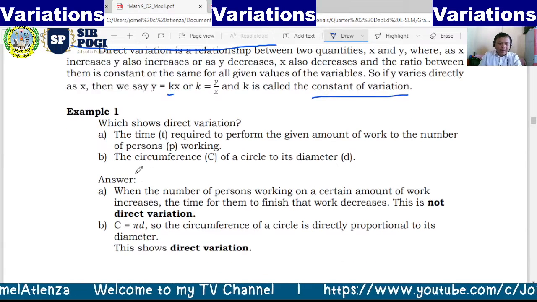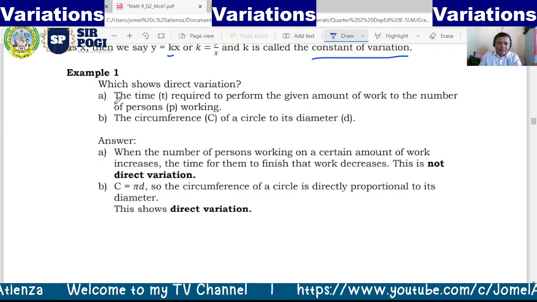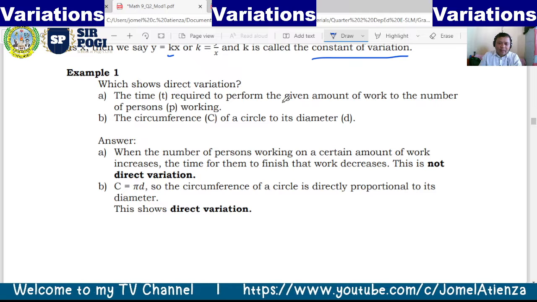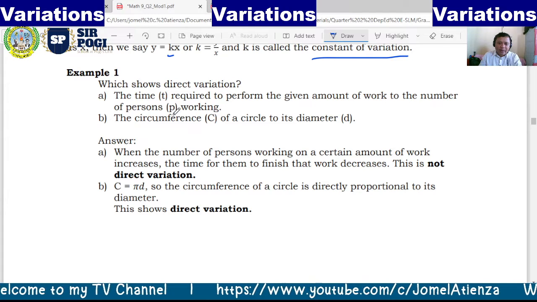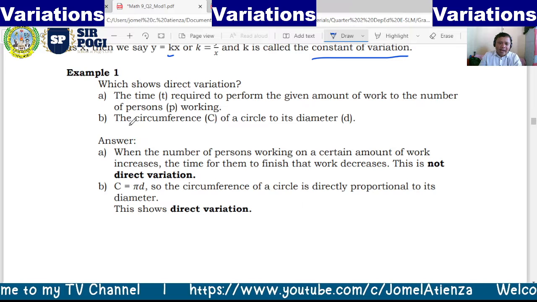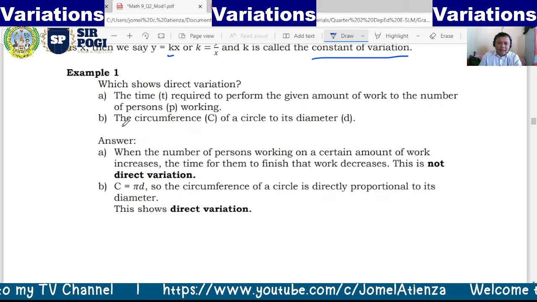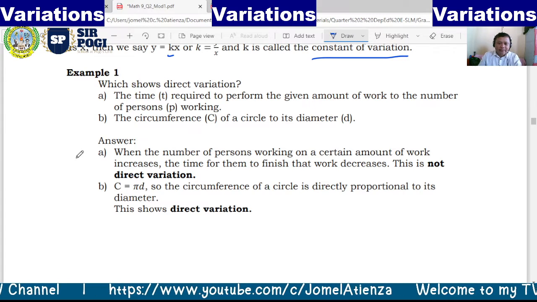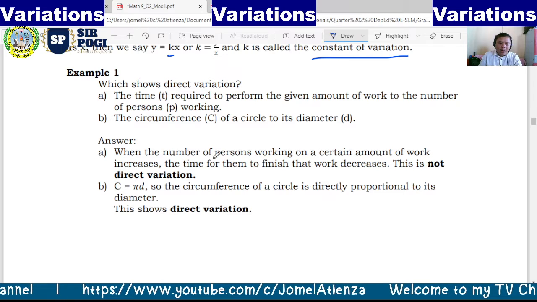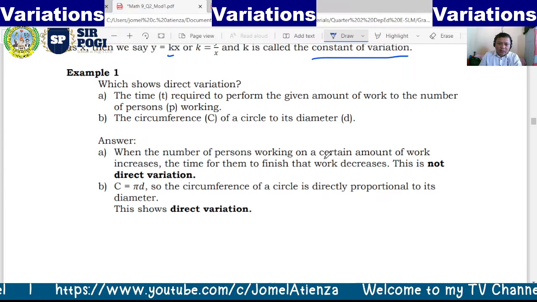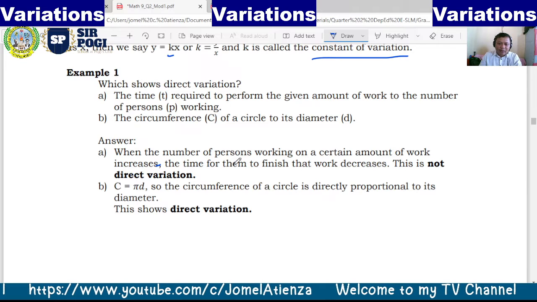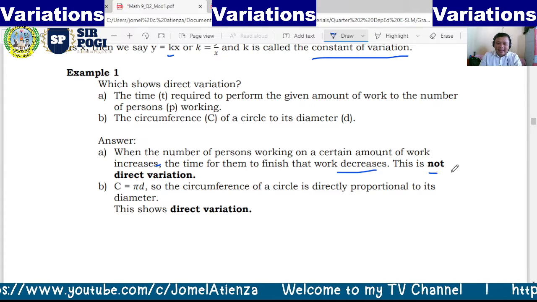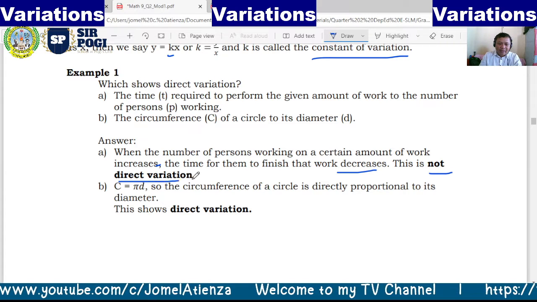Okay, let us have the example. Which shows direct variation: A, the time t required to perform a given amount of work and the number of persons working, and B, the circumference C of a circle and its diameter D? When the number of persons working on a certain amount of work increases, the time for them to finish the work decreases, and that is not direct variation.